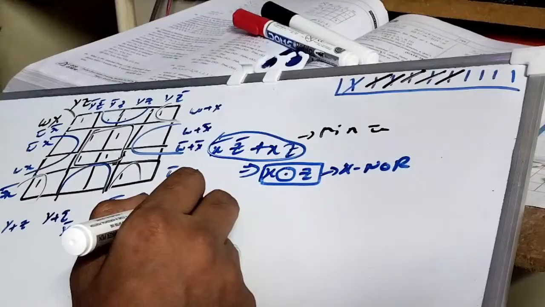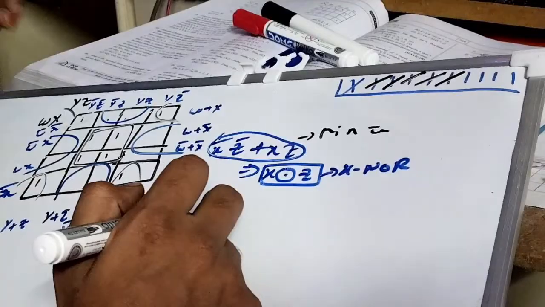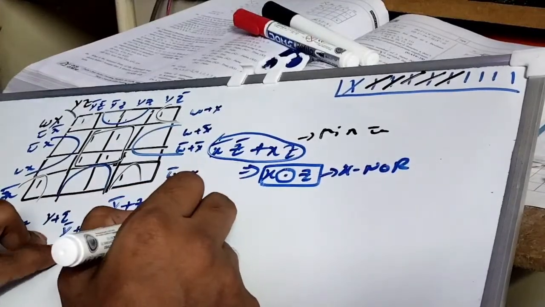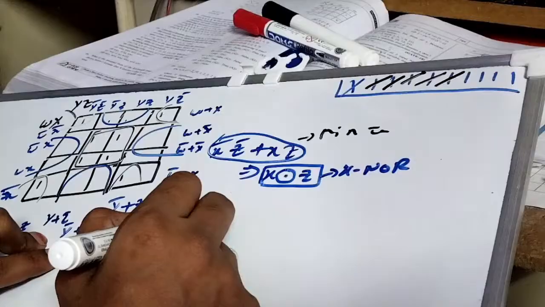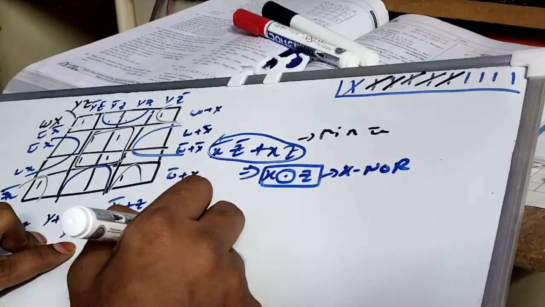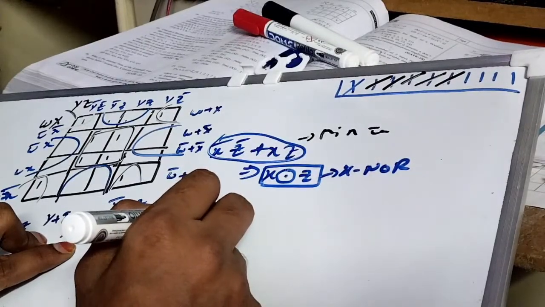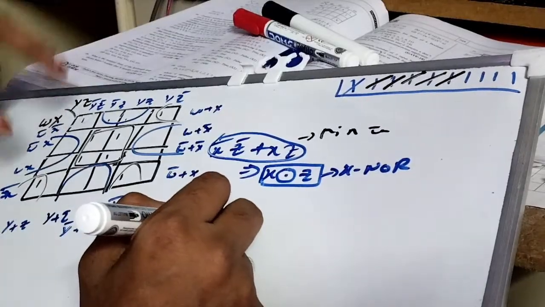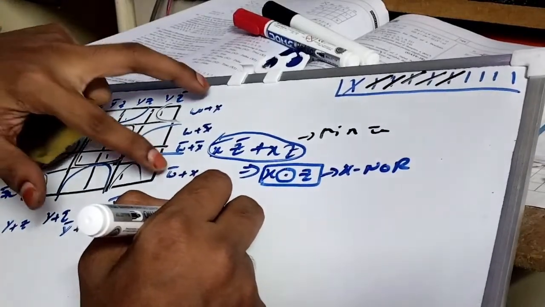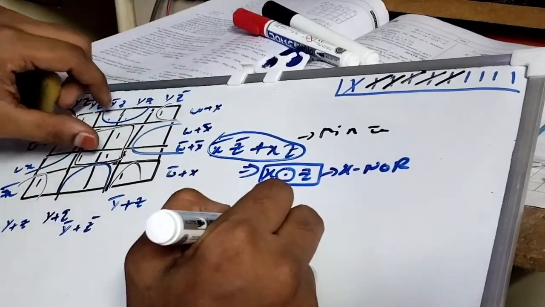And these two, we can get the common as well. Yeah, Z bar, Z bar plus Z bar plus common equal to X plus. And this one is completed.